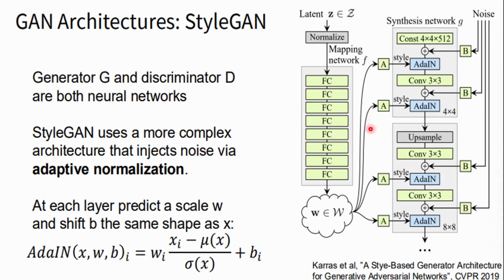This still depends on convolutional neural networks, but at each layer it will predict a scale W and a shift B. This is noise that follows a Gaussian distribution and is injected here. It gives the model even stronger generation capability, because now it learns to generate not only from the existing sample, but also from samples with noise.